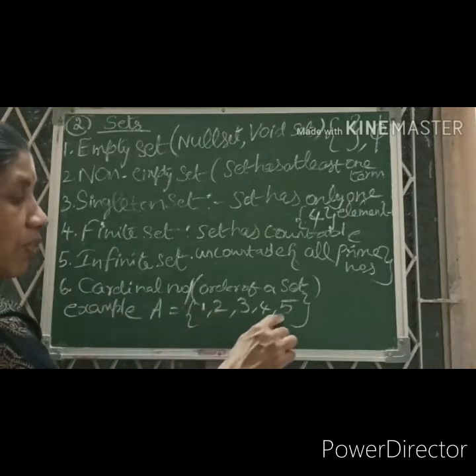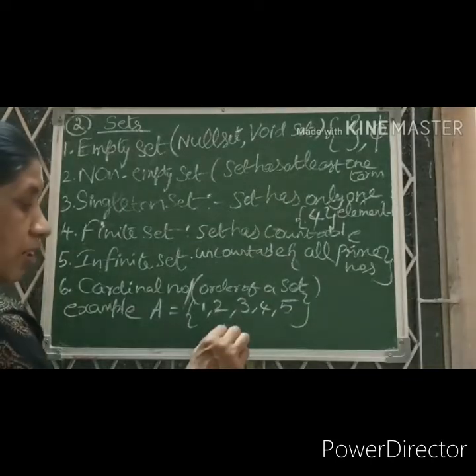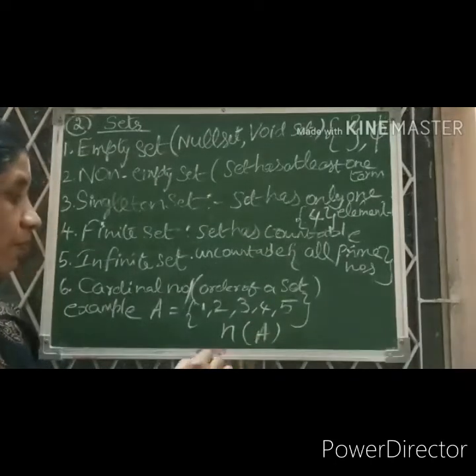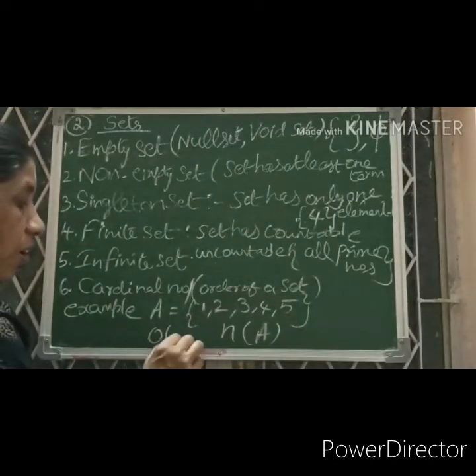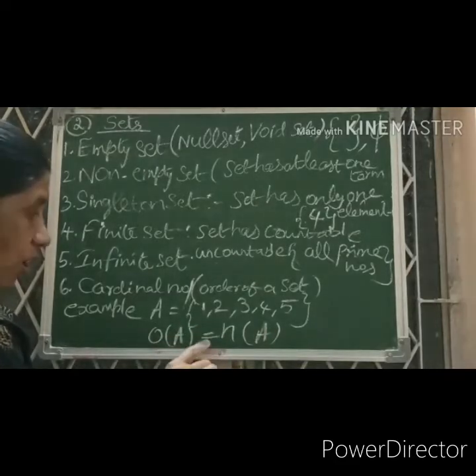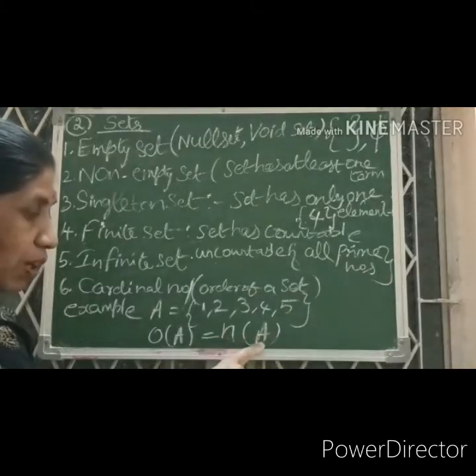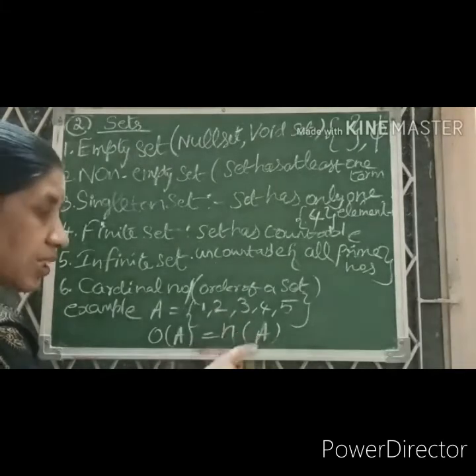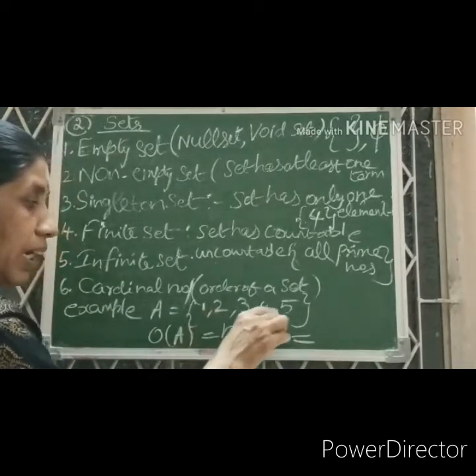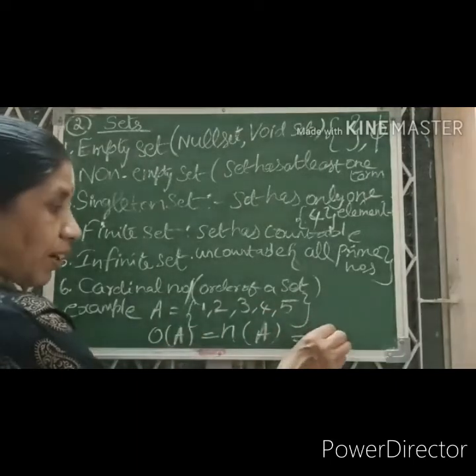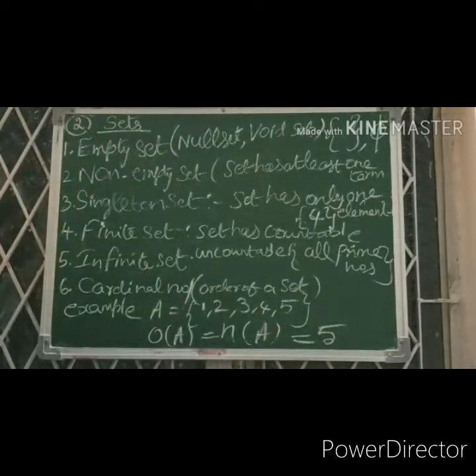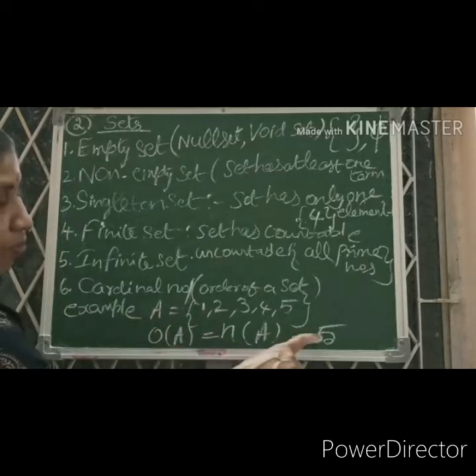Count the number of elements in this. Number of A or order of A, anything you can say. Cardinal number means number of terms in A. What is n(A)? Number of terms in set A. How many elements are there in set A? 5. So, what is the cardinal number of A? 5. Note it down.